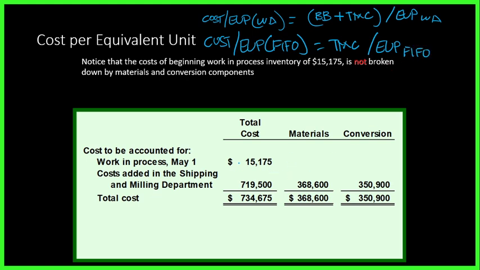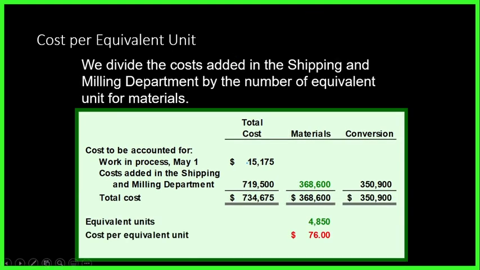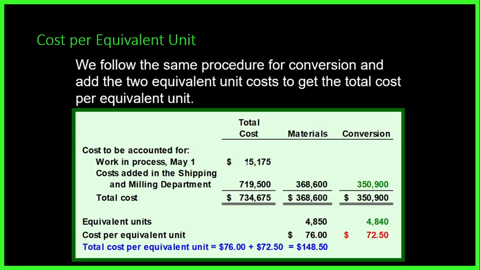So, in this case, hindi niya sinama yung 15,175. You will just use 368,600 and 350,900. Okay po? Alright. So, from there, you divide that by the EUP, which is computed earlier. This is now the cost per equivalent unit of production when it comes to materials and as to conversion costs.